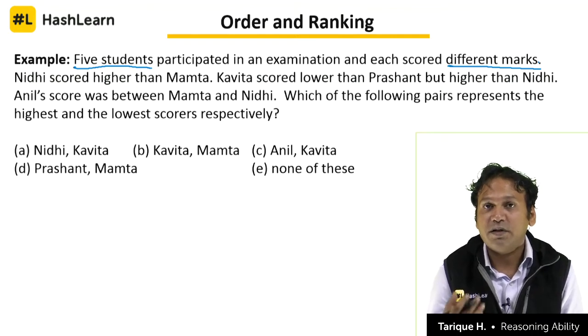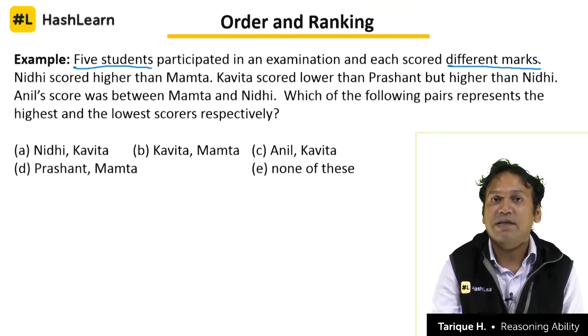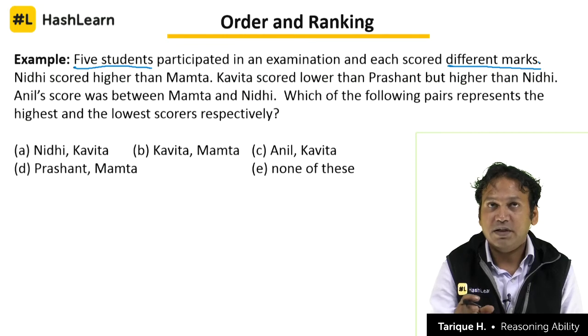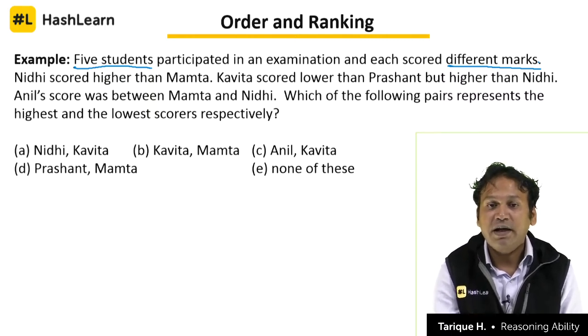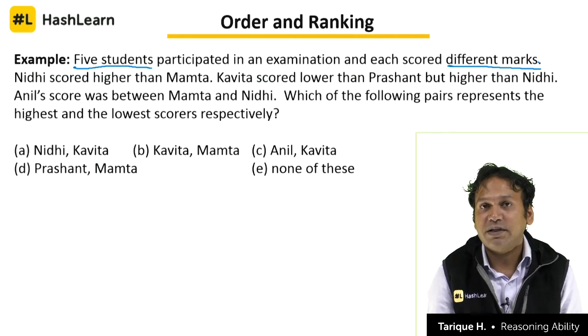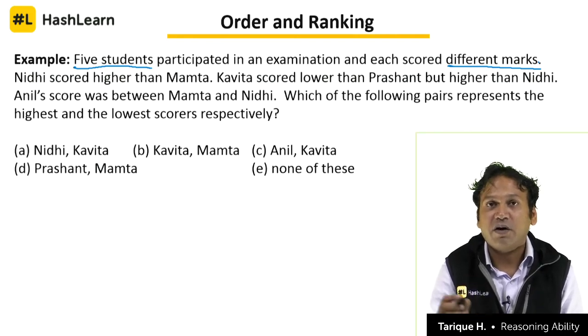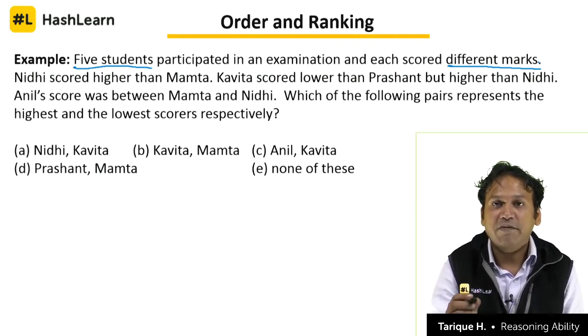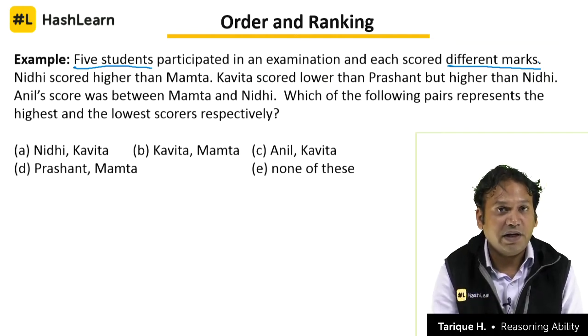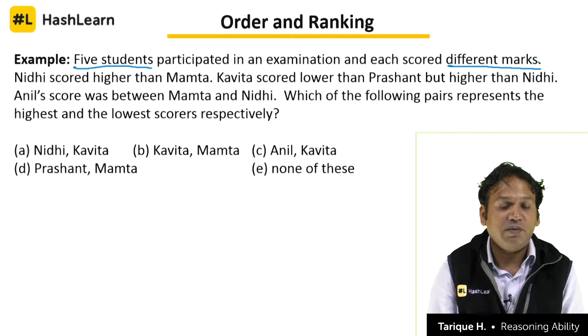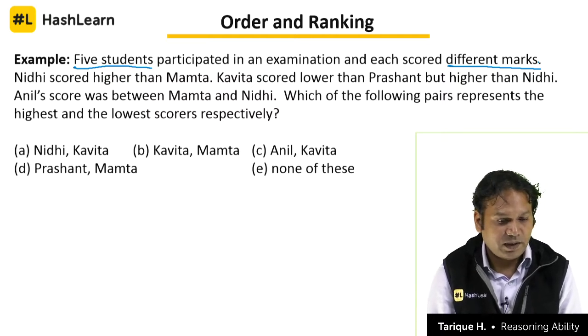What does it mean? 2 persons do not have the same rank, 2 persons are not at the same position. That is why these things are important to observe, particularly in data sufficiency questions, because in data sufficiency questions we cannot assume that people have distinct scores or distinct weights. It must be given to you directly in the statement or in the question itself.